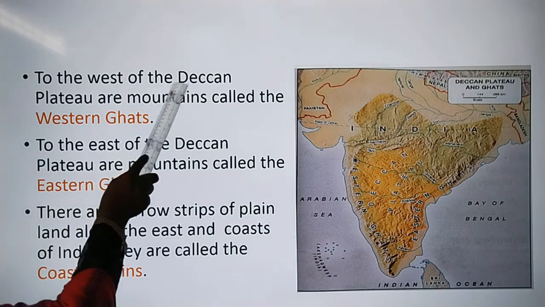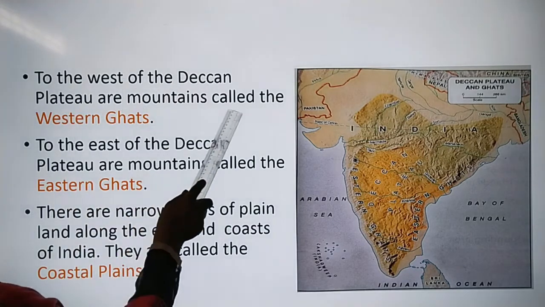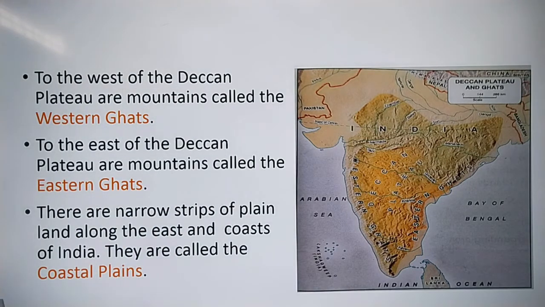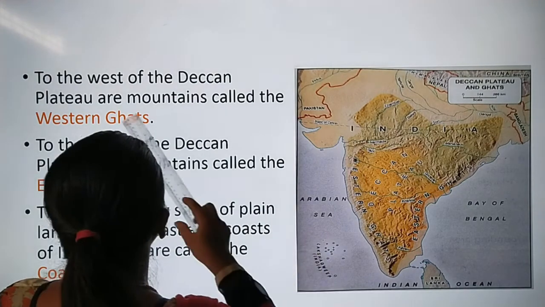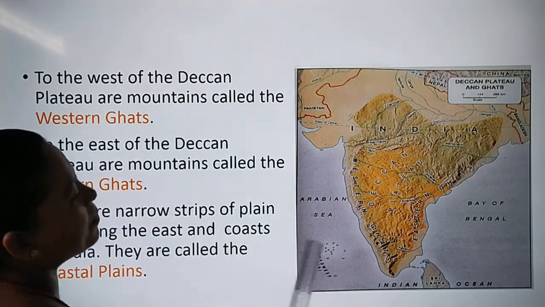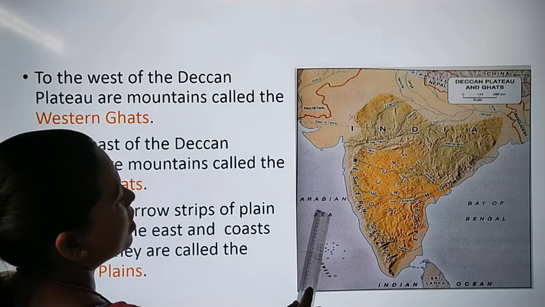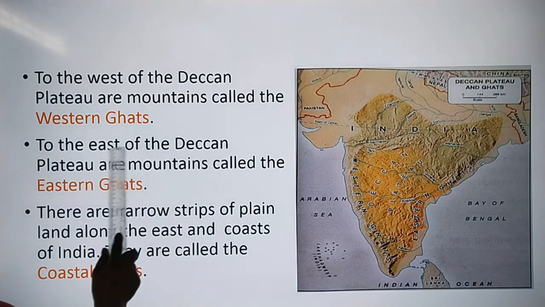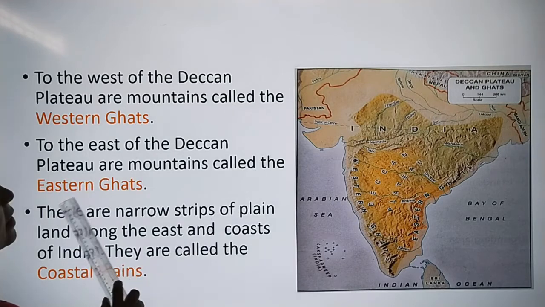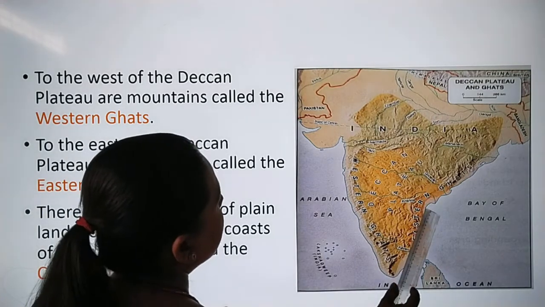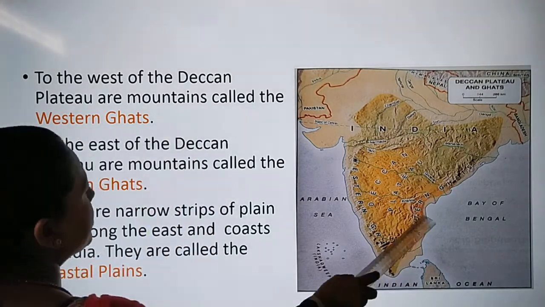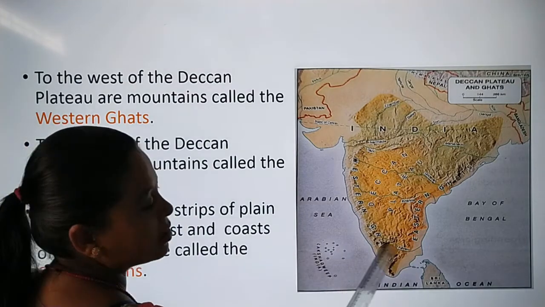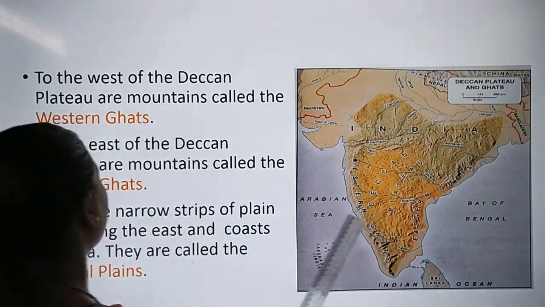To the west of the Deccan Plateau are mountains called the Western Ghats. To the east of the Deccan Plateau are mountains called the Eastern Ghats.